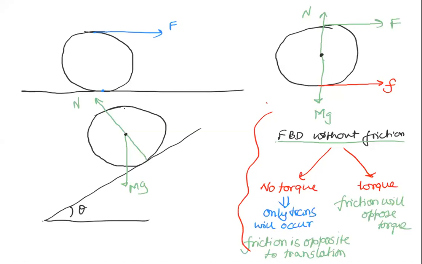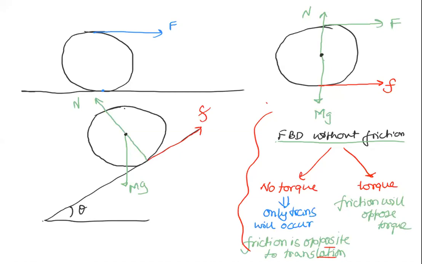Well, if I were to keep a cylinder on this inclined plane without friction, then the cylinder would simply slide down. It would not roll down, it will slide down, and therefore the direction of friction must be opposite to translation, must be in this direction.